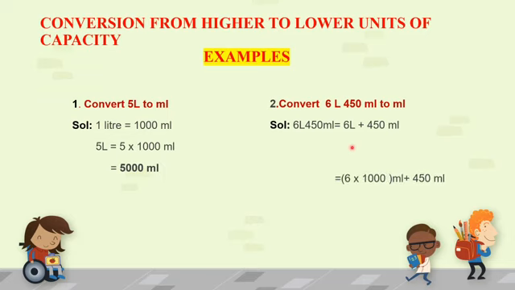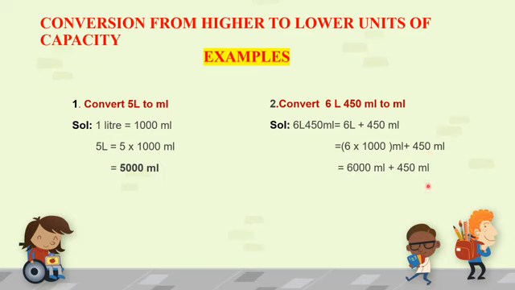And then the next step will be to multiply the given number of liters by 1000 milliliter. 6 into 1000 milliliter plus 450 milliliter will be brought down as it is. Liter will be converted into milliliter. 450 milliliter is already in milliliter unit. So we will bring down the number as it is.